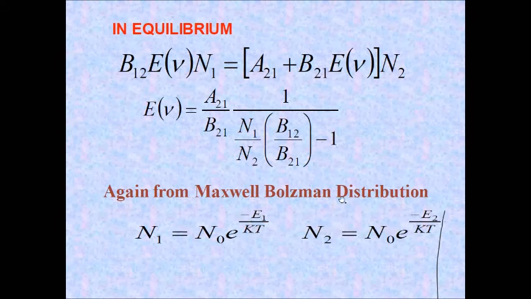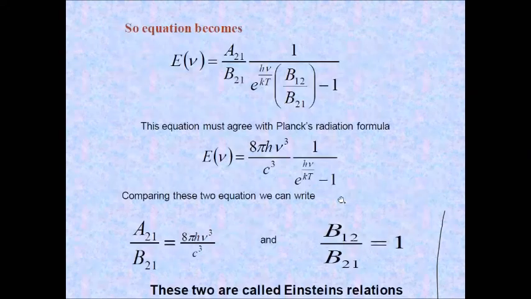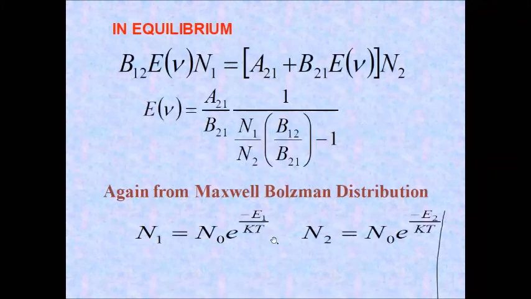So E2 minus E1 will be equal to h nu. So we can write E nu equal to A21 by B21, 1 by (B12 by B21 e to the power h nu by KT minus 1). Here this e to the power h nu by KT we have written from N1 by N2, N1 by N2 equal to e to the power h nu by KT.